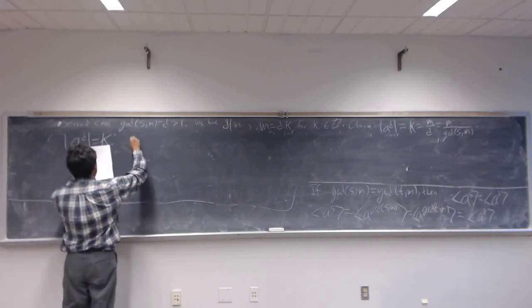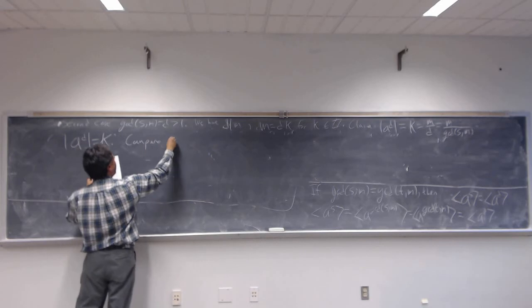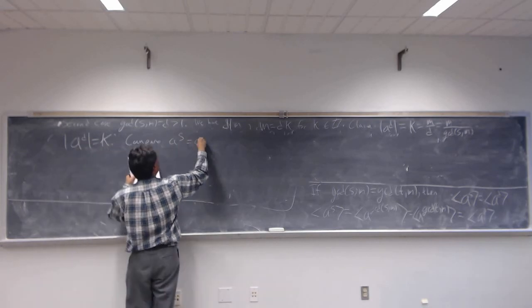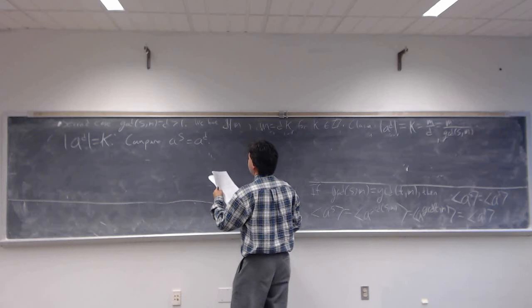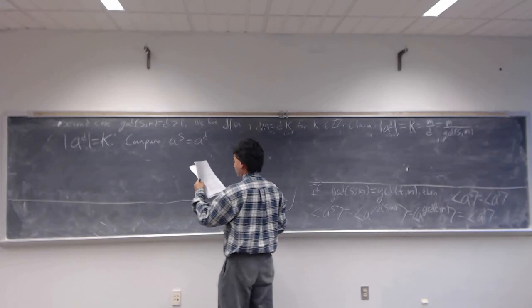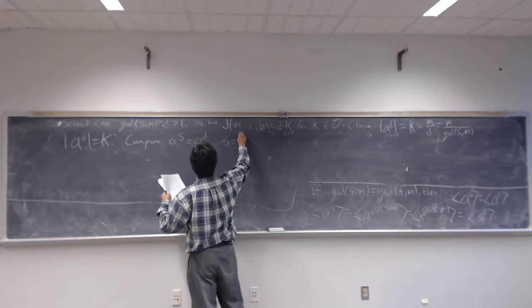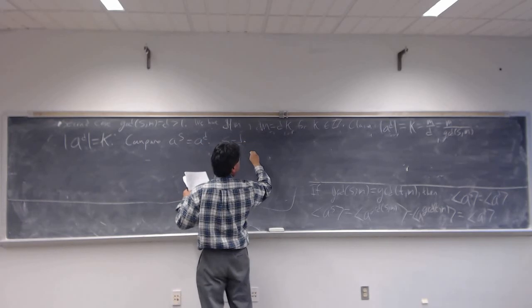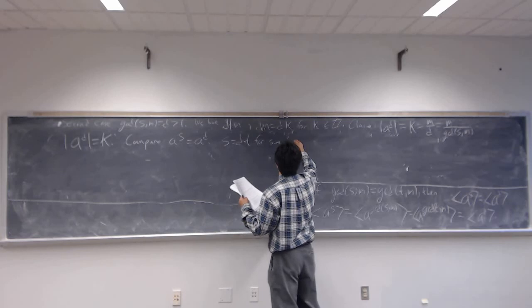Let's look some more. Let's look at a to the s over a to the d. So what we would have then is certainly s equals d times t for some integer t.